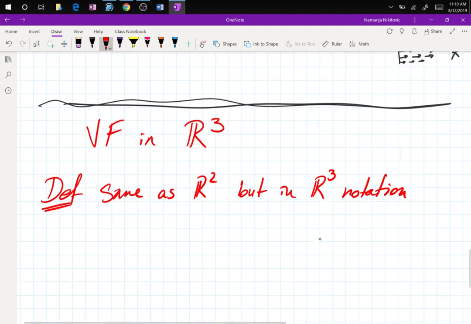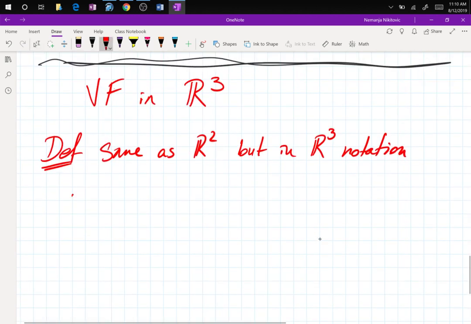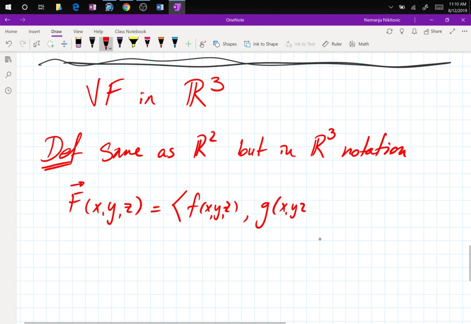So you are getting the same idea. So I'm just going to write the notation. So F of x, y, z is going to be f(x, y, z), g(x, y, z), and h(x, y, z).